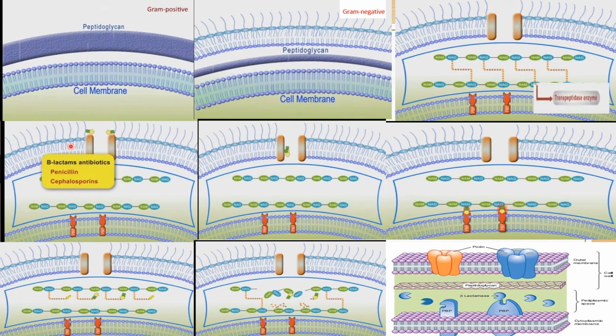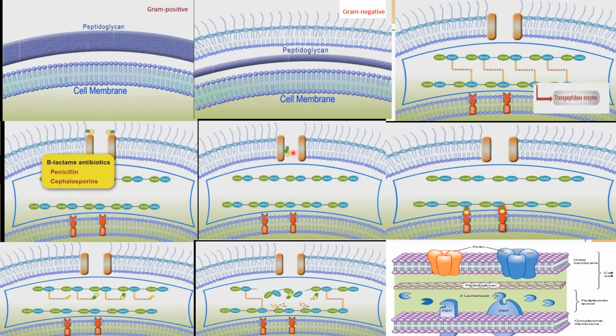and the antibacterial drugs like beta-lactams enter through these porins and cross the peptidoglycan chain and reach the outer surface of the cell membrane.